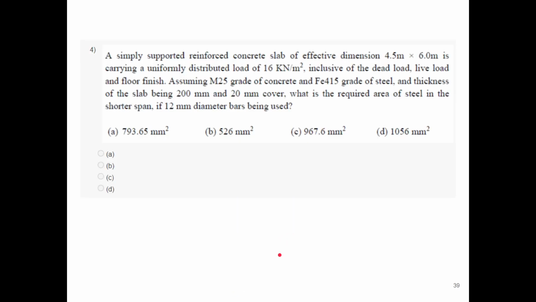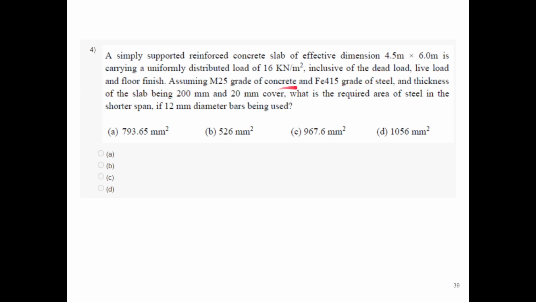Okay, fourth question. A simply supported reinforced concrete slab of effective dimension 4.5 meter by 6 meter is carrying a uniformly distributed load of 16 kilonewton per meter square, inclusive of the dead load, live load, and floor finish.